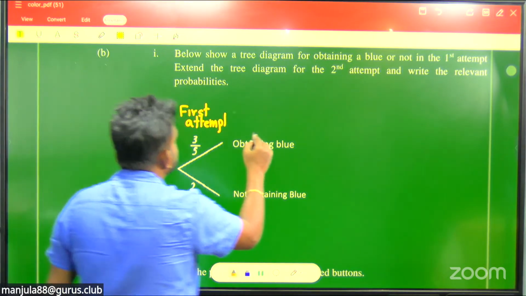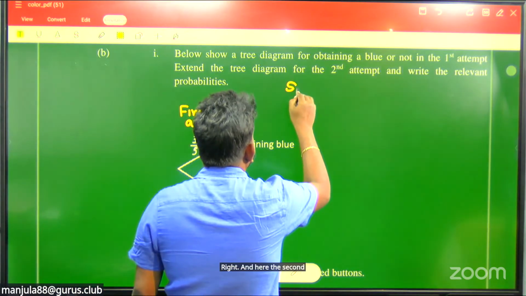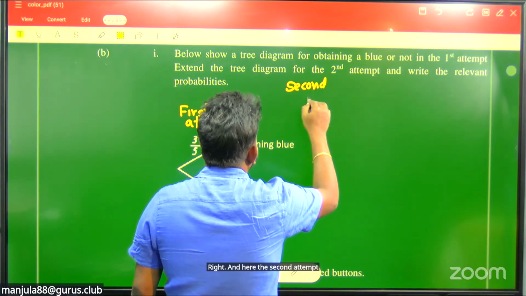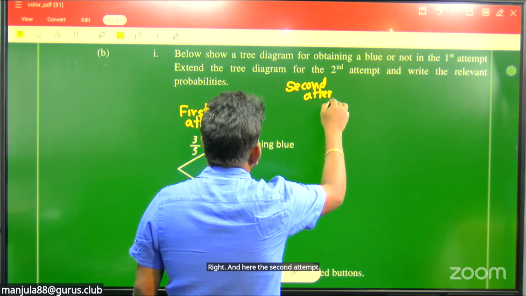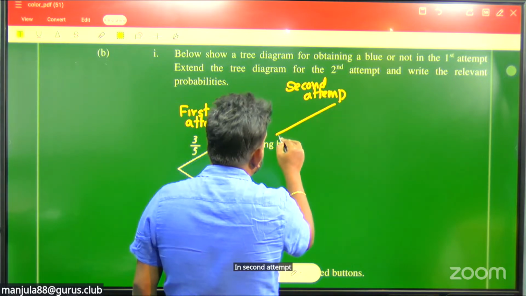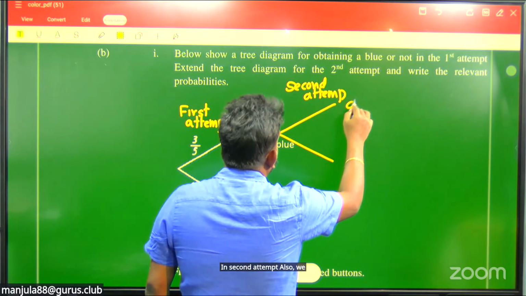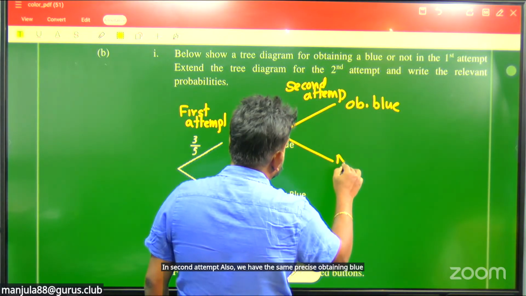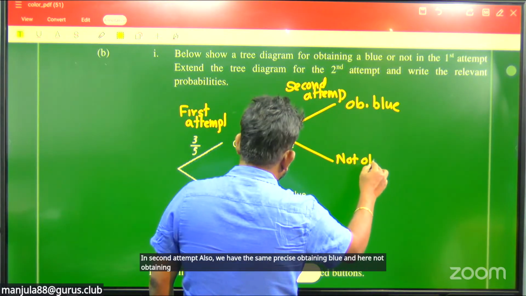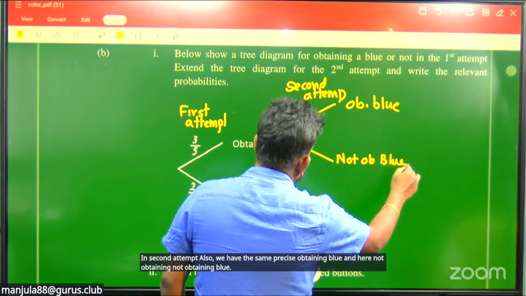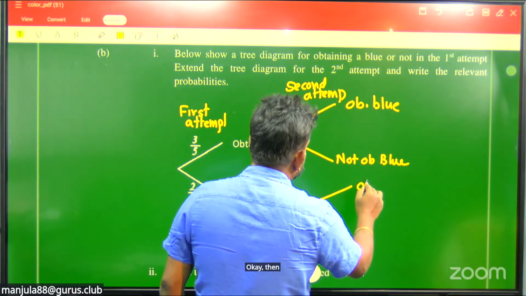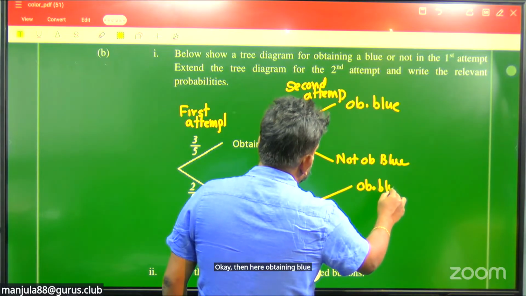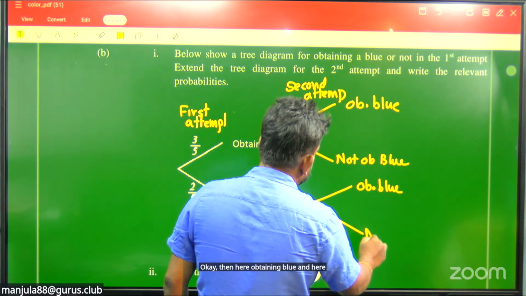And here the second attempt. In the second attempt, we also have the same results, obtaining blue, and here not obtaining blue. Then here obtaining blue, and here not obtaining blue.